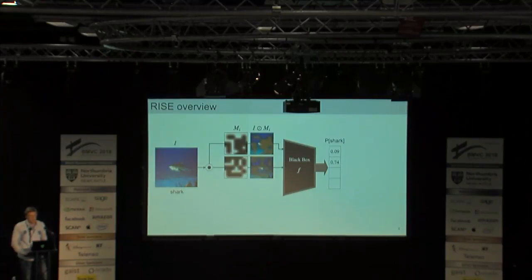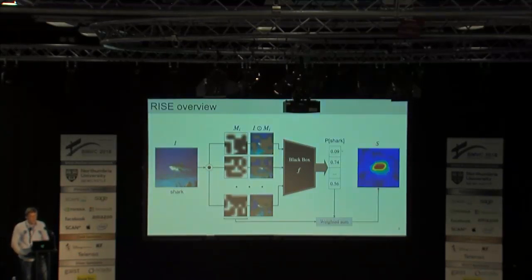Then we feed the masked images through the black box model and observe the scores they produce. We do it for many generated masks, and every time we observe the probability. After that, we simply average the masks with respect to their scores.